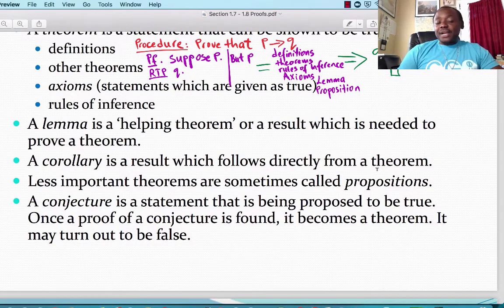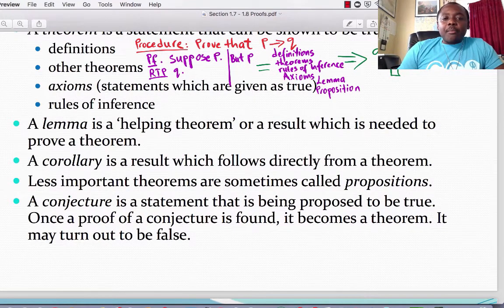For example, if I can prove that something holds for A intersection B, then I can come up with a corollary that shows that if I have sets A1, A2, A3 up to An, then that same property holds for A1 intersection A2 intersection A3 intersection An. So that is a corollary. It's a generalization of the theorem. It follows directly. At times, you don't need any proof because it follows directly from the theorem.